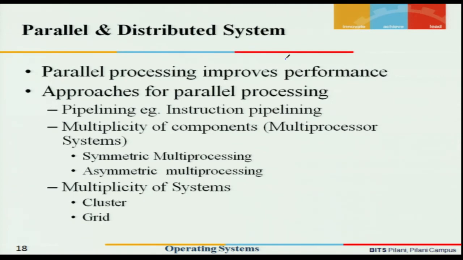I can have multiple processors in a system. Instead of having one CPU, I can have more than one CPU in the system. There are various techniques described in architecture to design parallel systems.